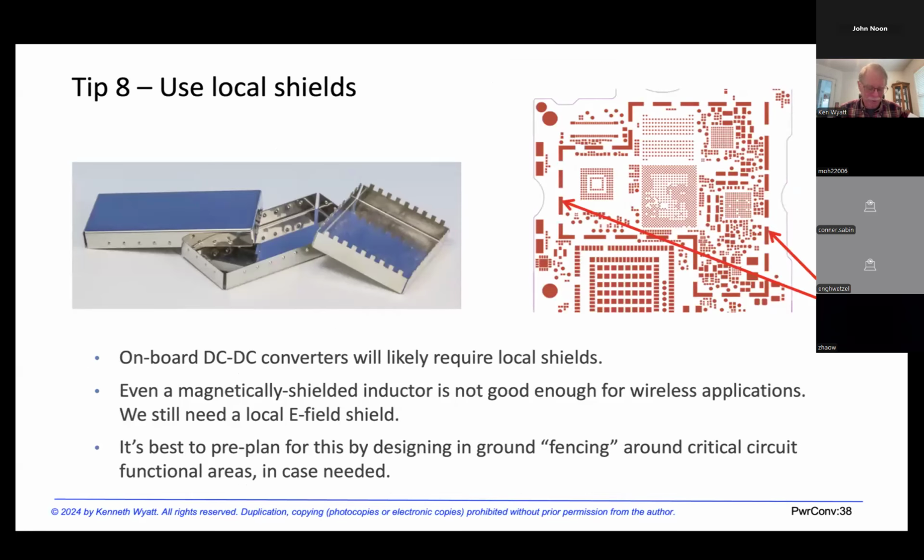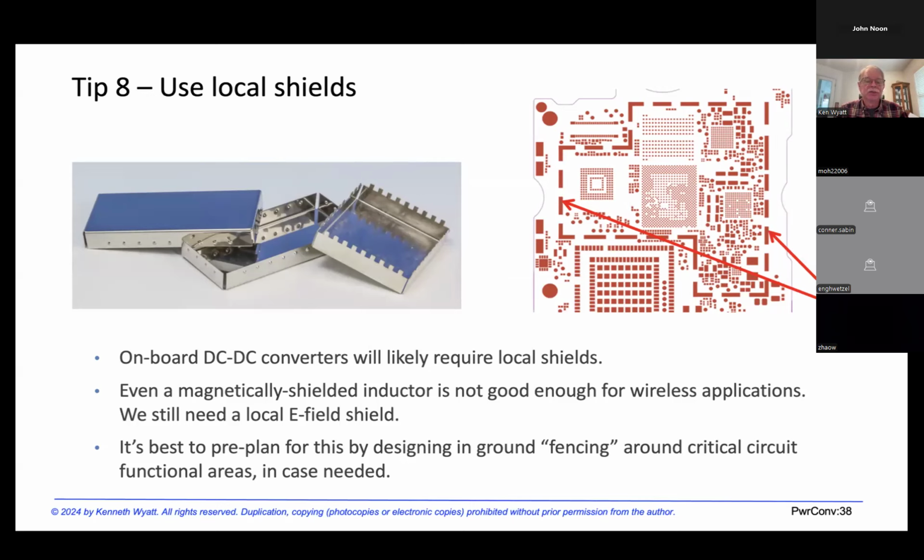So tip 8, use local shields. And this is mainly useful for wireless technology if you have that on your board, or highly sensitive analog circuitry or audio circuitry. You may need to use local shields.